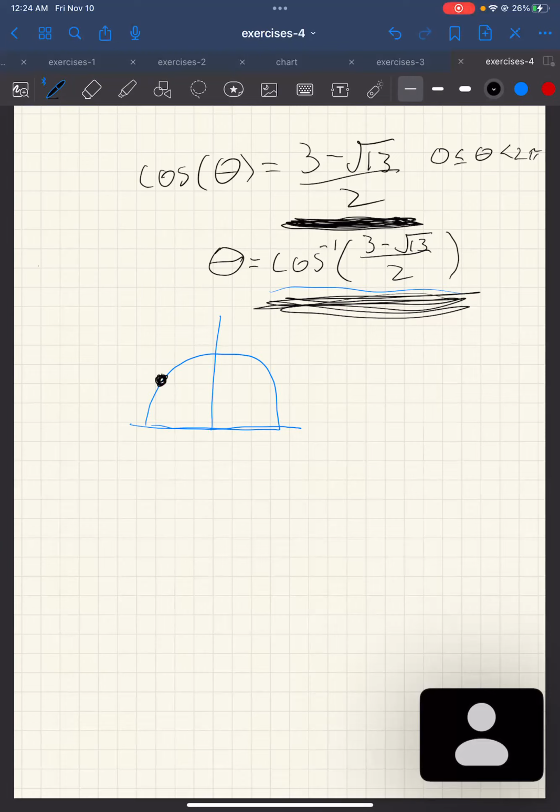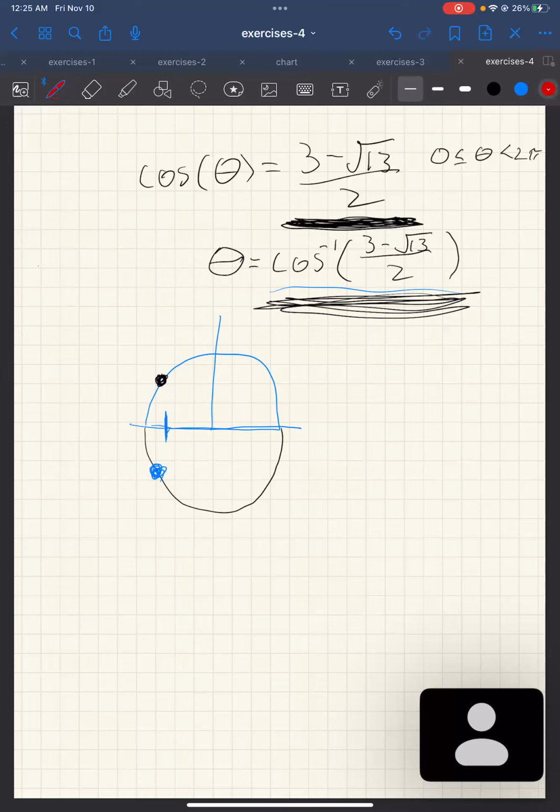But there is another angle for the same x value, whatever this negative number is. There is another angle just directly down here, right?